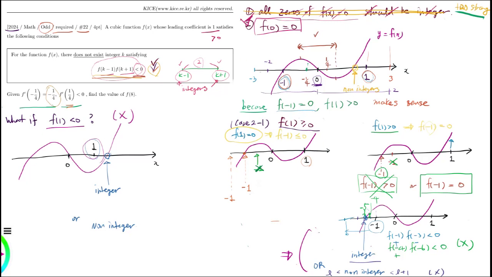Okay, so what's left on our hand is either f of 1 is 0 or either f of -1 is 0. Okay, so let's do some calculation for those two cases.